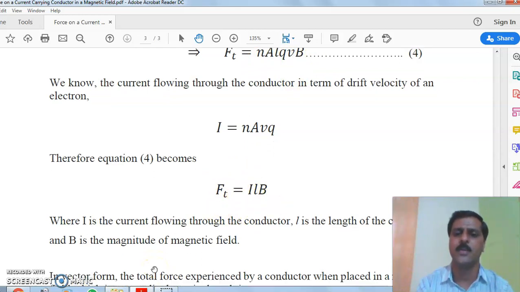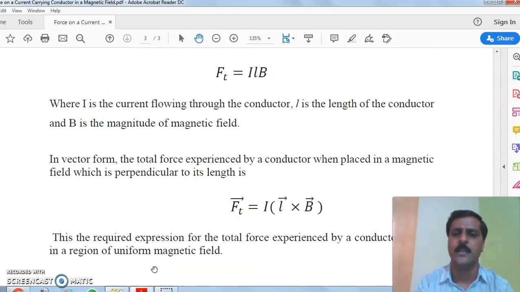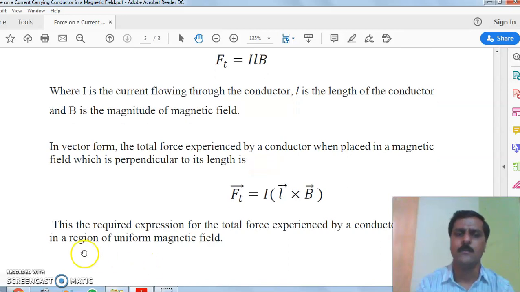This is the magnitude of the total force experienced by a conductor having length L placed in a region of magnetic field perpendicular to it. In vector form, the total force experienced by the conductor, that is F total, is equal to I L cross B. That is, we take the cross product. I is a scalar quantity, L is a vector. Why do we take L as a vector?